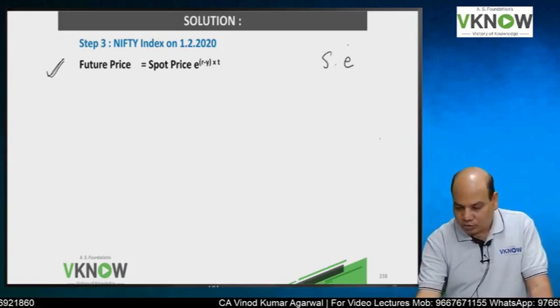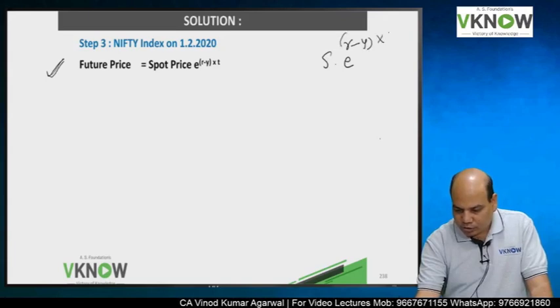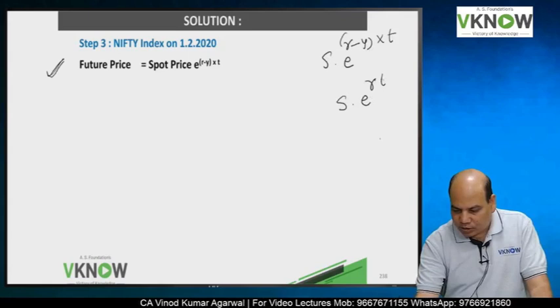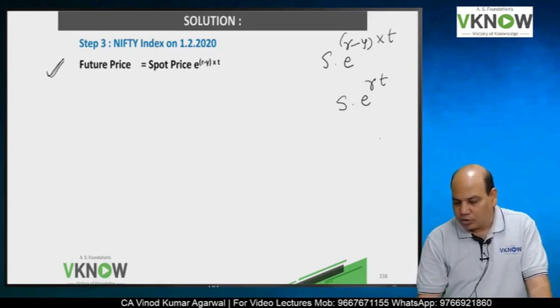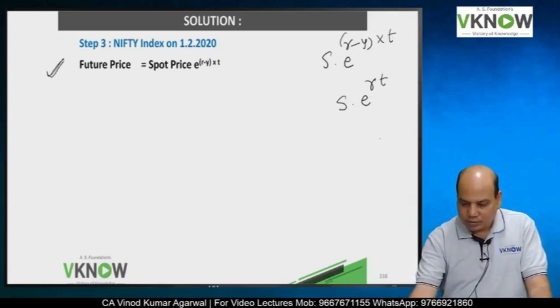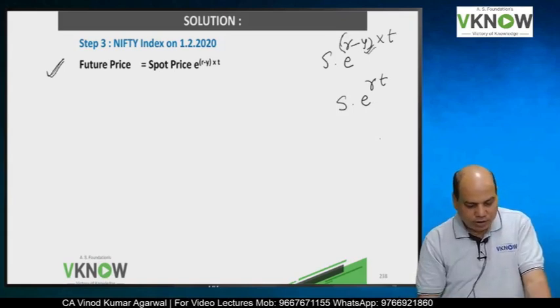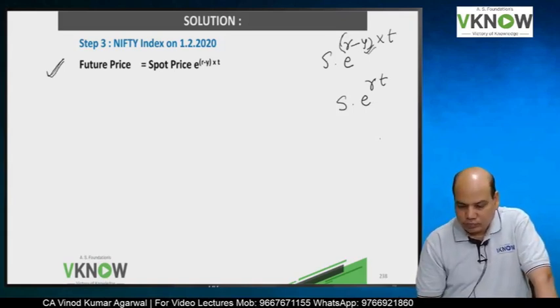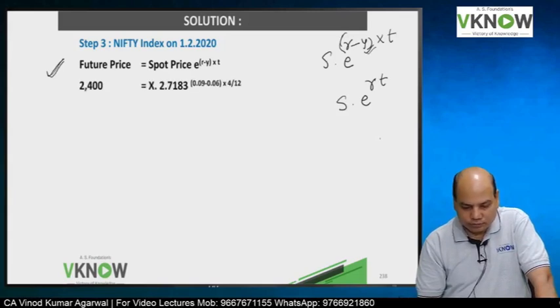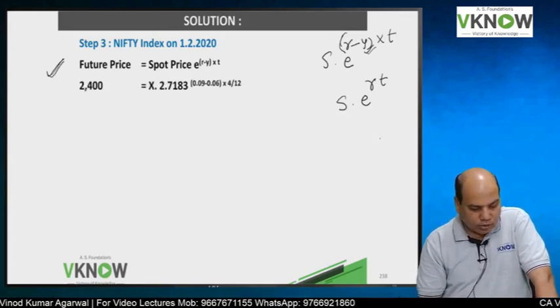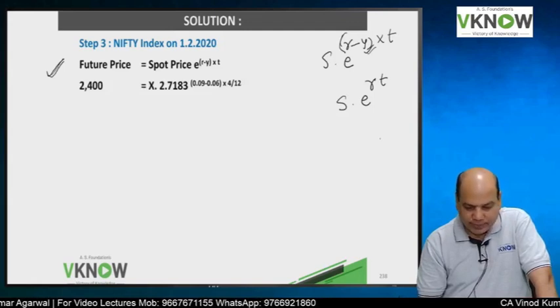S into e to the power interest rate minus yield into time. If yield is not given, then the formula is S into e to the power RT. If yield is given, then it is deducted from the interest rate. So the student will have to now solve an equation. Nowadays they have started asking reverse working questions.